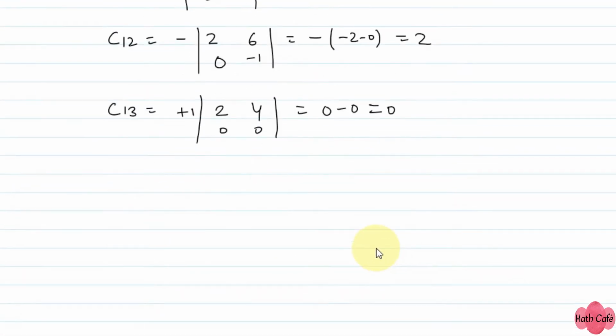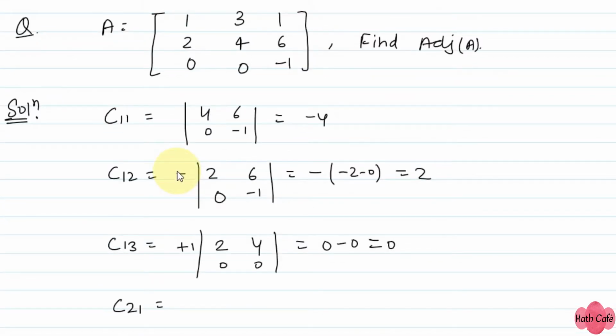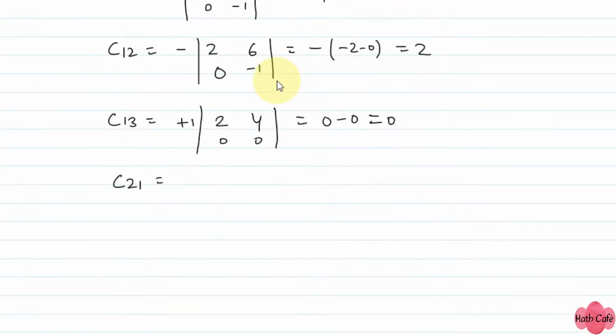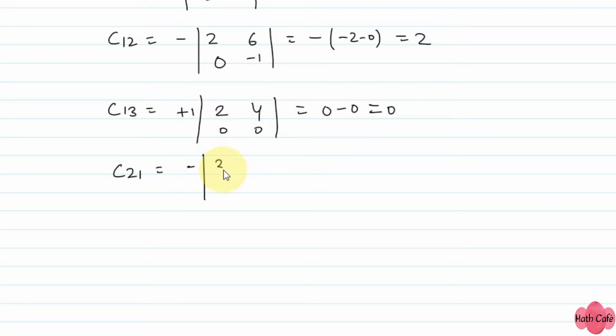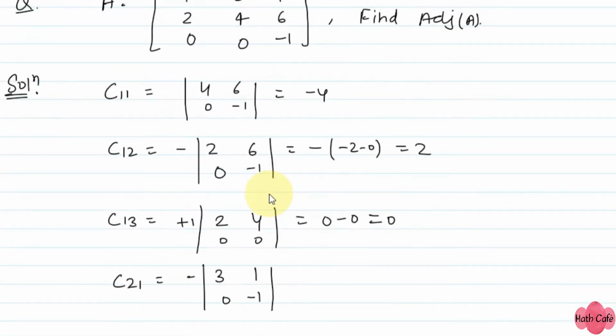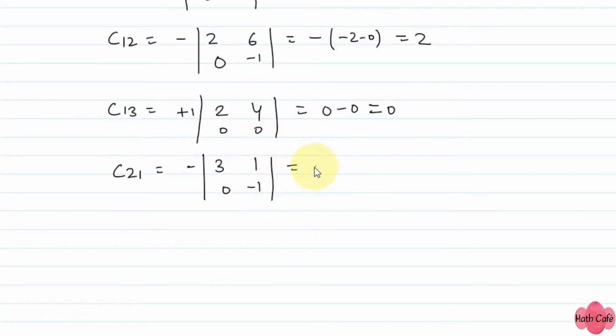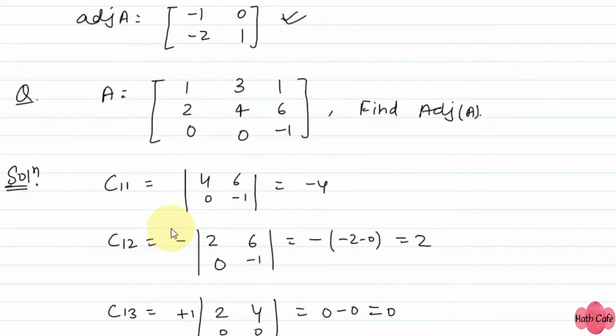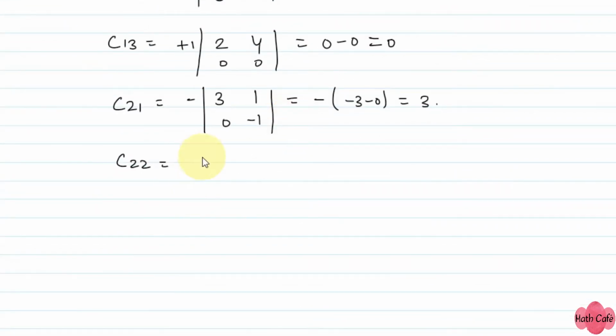Alright, so just like that we will find C21. So C21 is nothing but, so we will delete the row and column, 3, 1, 0, minus 1. Alright, so finally we will get minus of, that is 3. C22 corresponding to this element: 1, 0, 1, minus 1.